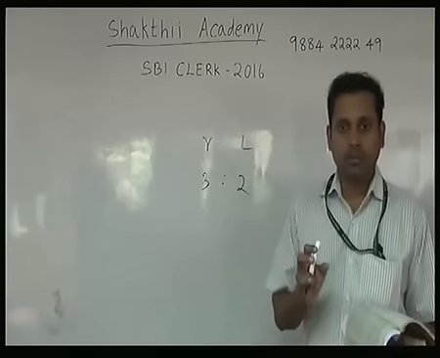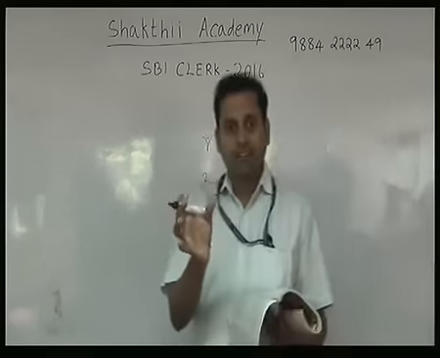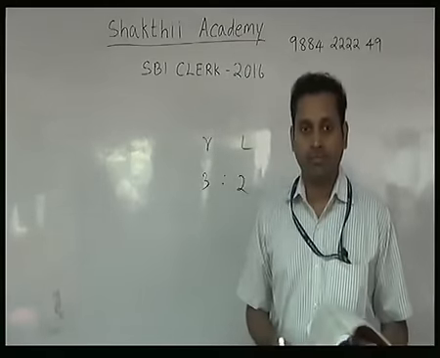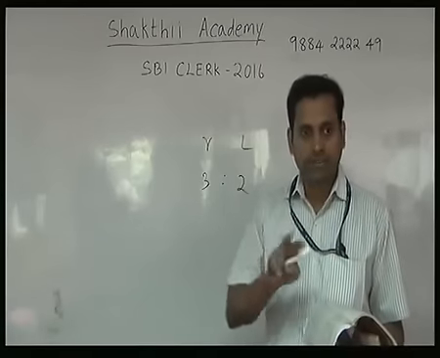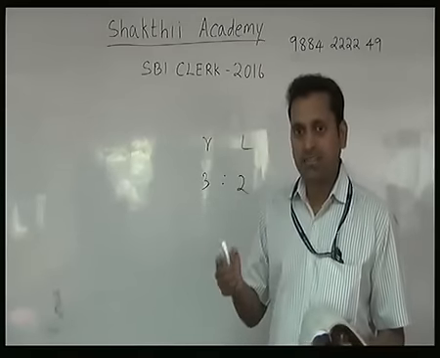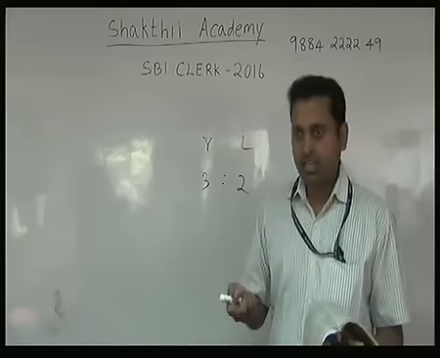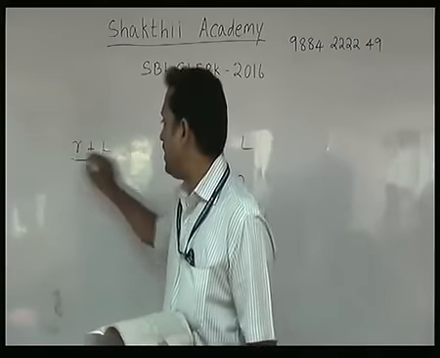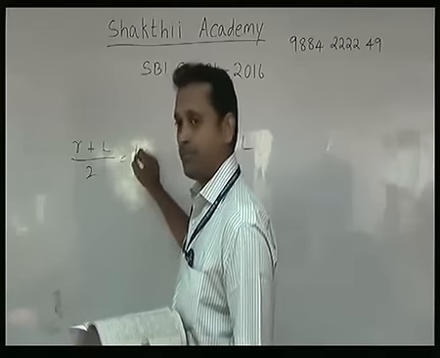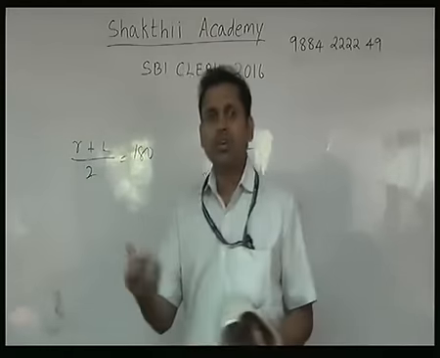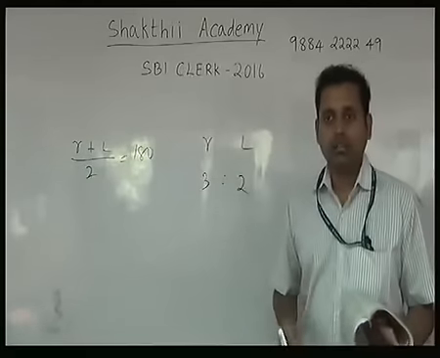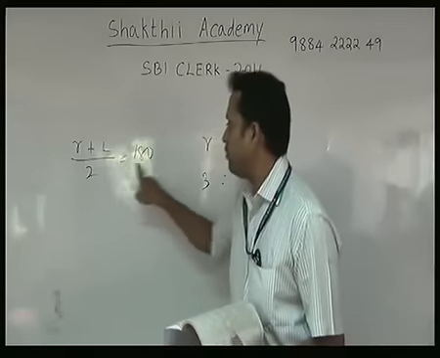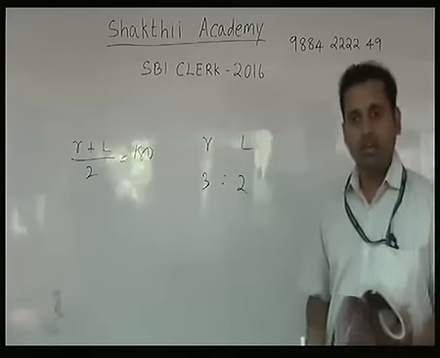Suppose there are two kinds of flowers and their average is 180. Then what is the total of the flowers? The average of the two flowers, number of roses plus number of lilies, is 180. So the total divided by 2 is equal to 180, so the total is 360.